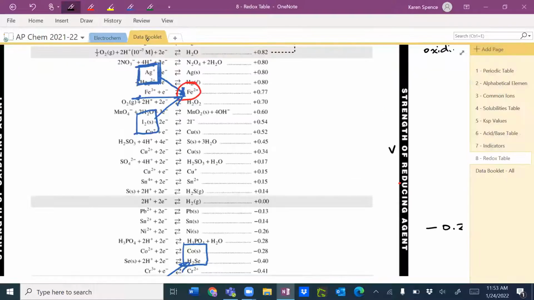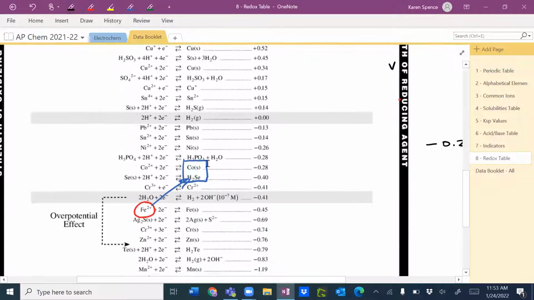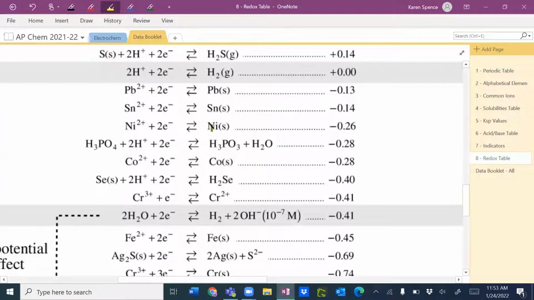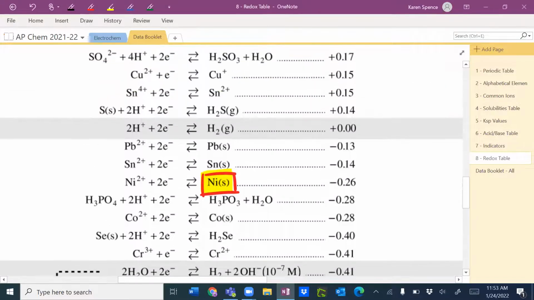Okay, back to our data booklet. Solid nickel, where is that? Aha, there it is. And we were looking for Cu2+. That would be a spontaneous reaction.